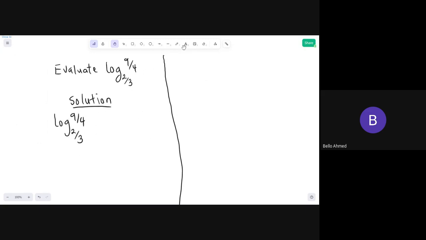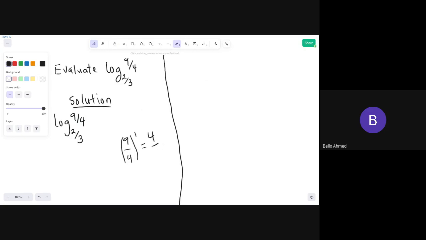So how do we change this fraction to 4 over 9? Remember that I can say 9 over 4, everything raised to the power of 1. Now, I can say 4 over 9. If you remember how we apply the law of indices here, I will write the 4 first and the 9 under, then everything will be raised to the power of minus 1.